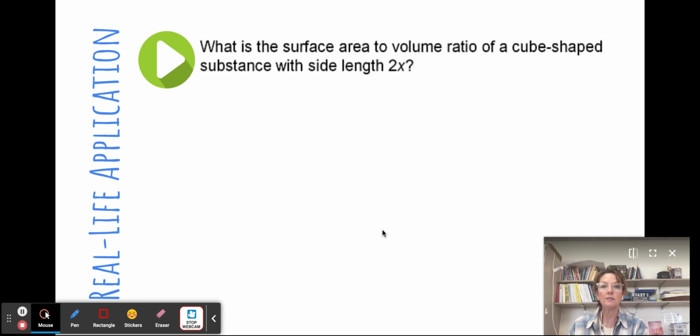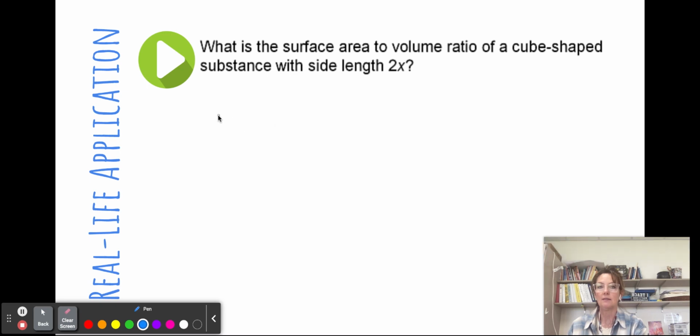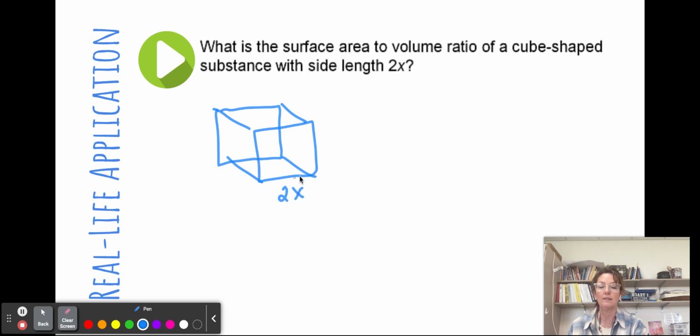Now we're talking about the surface area to volume ratio of a cube shaped substance with a side length of 2x. So when we're thinking about a cube, and I'm not really good at drawing these, so I'm going to do my best, but it's going to look like this, right? And if the side length is 2x, then we know that we're talking surface area to volume ratio. That's what we're going to look at.